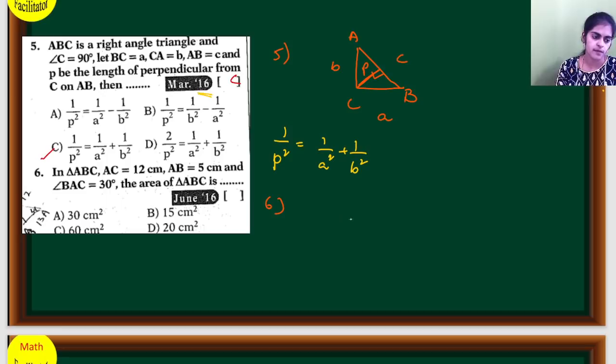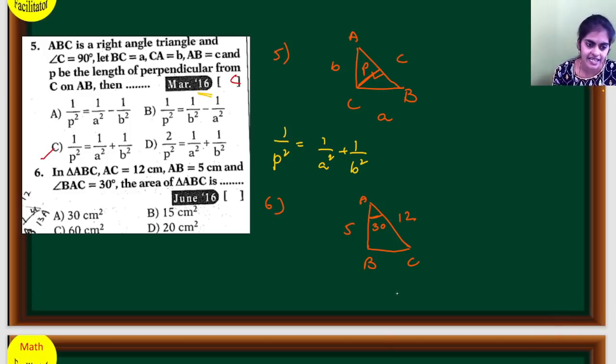Okay. So ABC is a triangle and AC is 12, AB is 5. And angle BAC is 30. You need to find the area of triangle ABC. If this is 30, this is 12, this is 5, you need to find the area of this triangle ABC. So how do we get the area of this triangle? Firstly, it is not given as a right angle triangle.